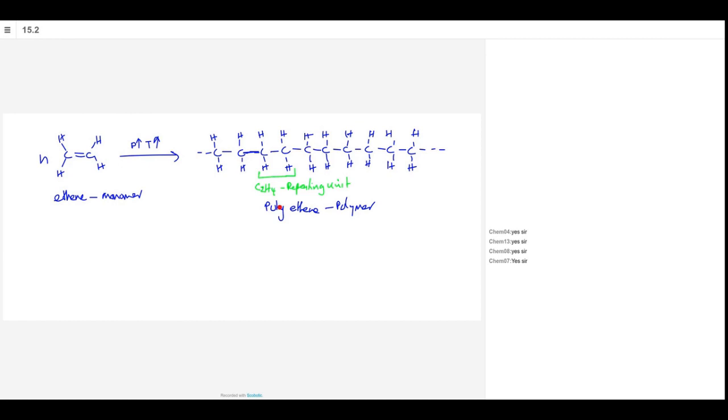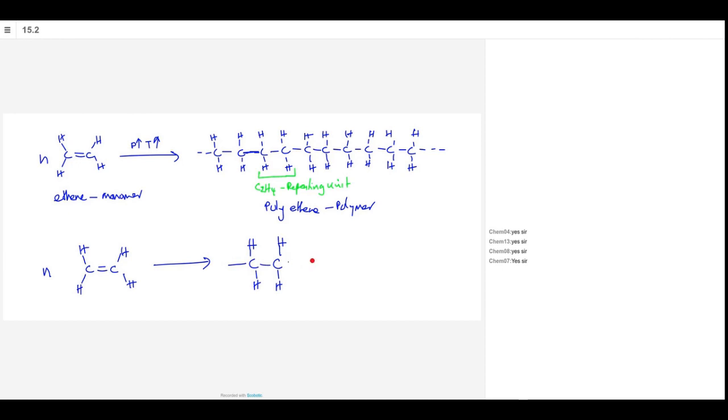Therefore, instead of writing the whole reaction this way, we can write the whole polymer reaction in short, in this method. You have the monomer here, and then you just draw one repeating unit. Remember, the repeating unit does not have a carbon-carbon double bond, whereas the monomer has a carbon-carbon double bond.